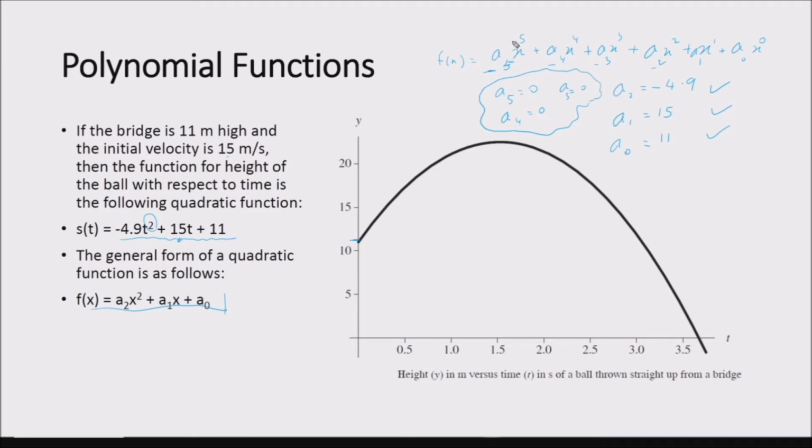So all these will be 0, and you don't have to worry about that. So that is what a polynomial function is. A polynomial function means you will have some powers of x, and then you can define it. Actually, this is also a quadratic function because it has x to the power 2.